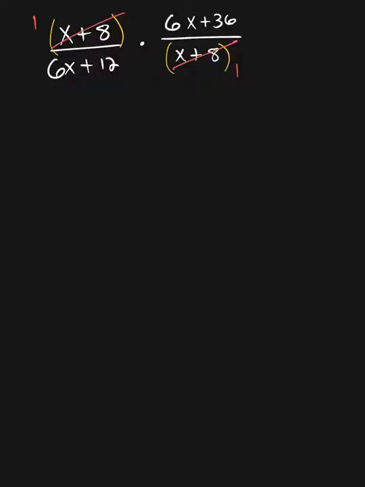Let's take a quick look. I'm just going to add these, multiply these across. So I'm left with 6x plus 36 on the numerator and 6x plus 12 on the denominator. Well, I see that 6x and 36 have a 6, and 6x and 12 have a 6. So in my next line, I'm going to factor out a 6 from the top and the bottom.